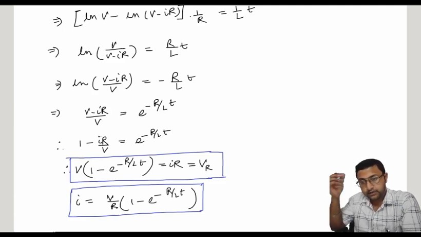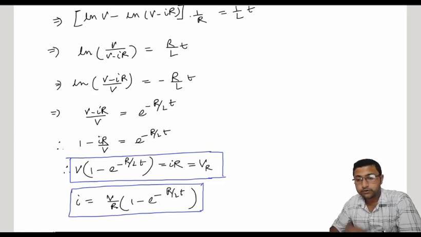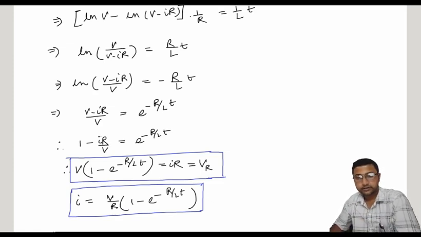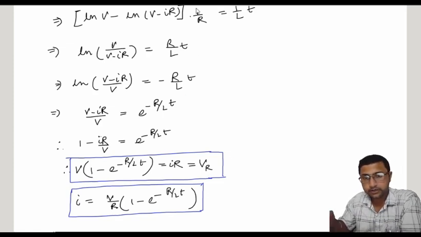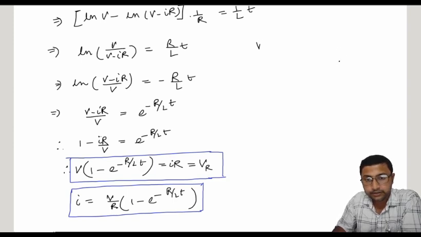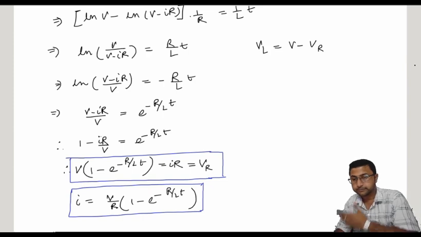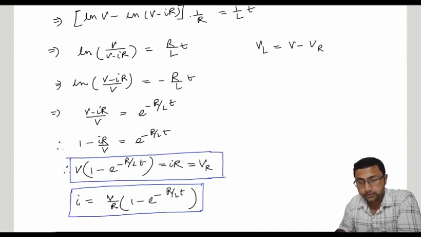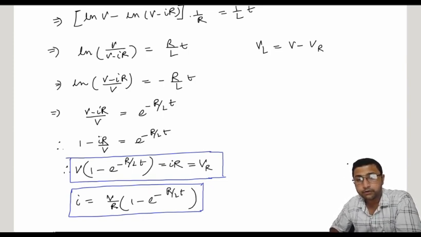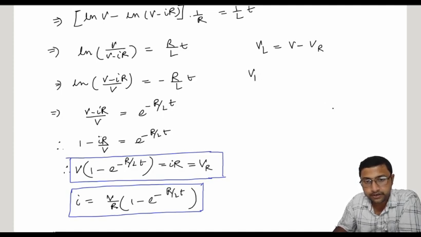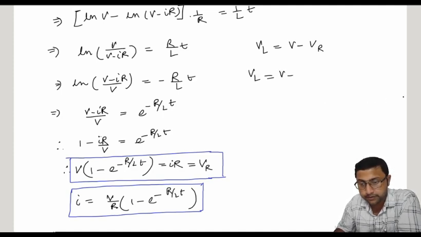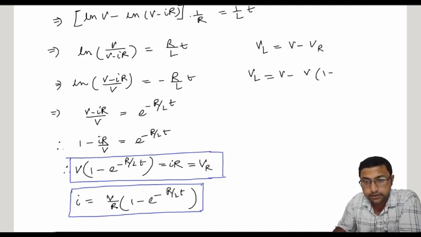Now if we look at the inductor voltage, we have already got that the inductor voltage VL is equal to V minus VR as per the KVL equation. If we substitute the value of VR in this equation, we can write VL equal to V minus V into (1 minus e to the power minus R by L into t).